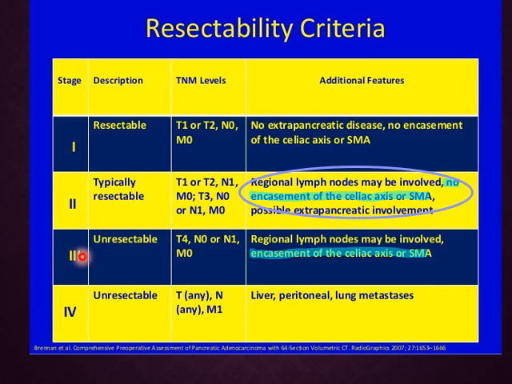Whereas stage 3 may be T4, N0 or N1, but there's no metastasis. In these patients there may be regional lymph nodes, but if the SMA and celiac axis are not encased, it becomes resectable. So the important factor for marginal cases is the encasement of the celiac axis and SMA. If they are encased, unresectable. If they are not encased, then resectable.